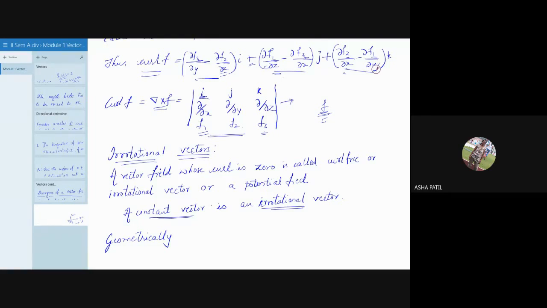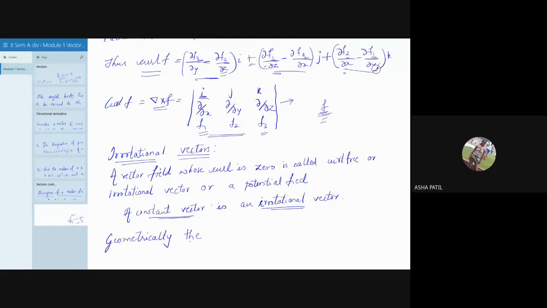So remember them correctly. Otherwise, if irrotational is asked, you will go for divergence is 0, and if solenoidal is asked, you will go for curl is 0. See that you remember the things correctly. Usually one example will surely be there on either irrotational or solenoidal.